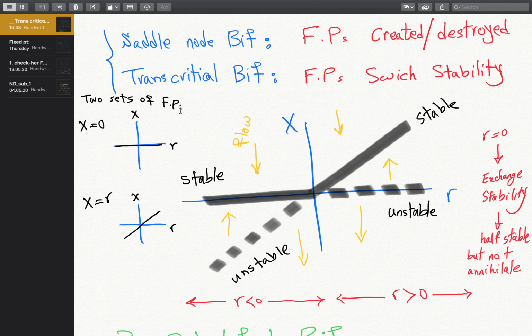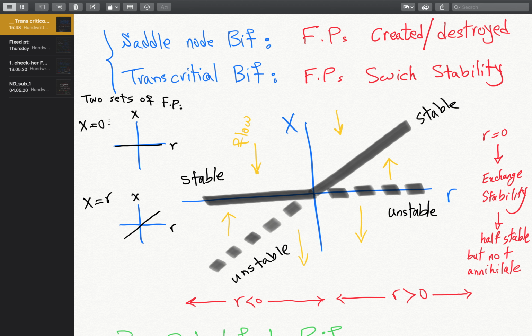So in the bifurcation diagram, we are interested in the graph of x with respect to r. So we have two things. We have x is equal to 0 and x is equal to r. Why? Because they are the two sets of our bifurcation.